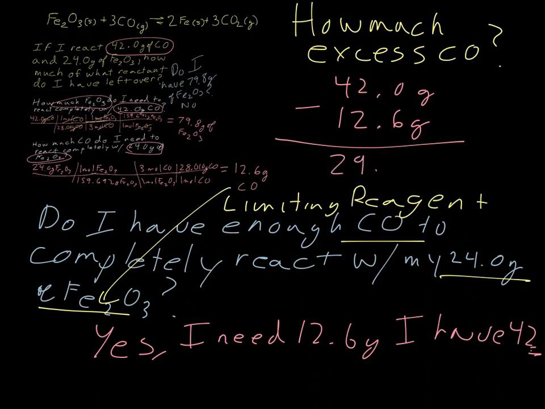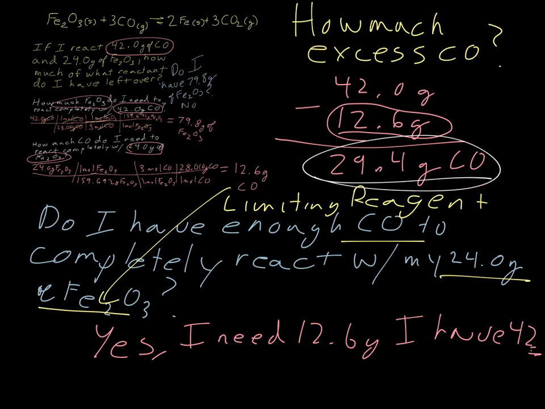I'm going to have 29.4 grams left over after I react all my iron 3 oxide, because my iron 3 oxide only needs to use 12.6 of it to be completely consumed. So my answer to the question is that I would have 29.4 grams of carbon monoxide left over. That's it. That's all there is. Beep.